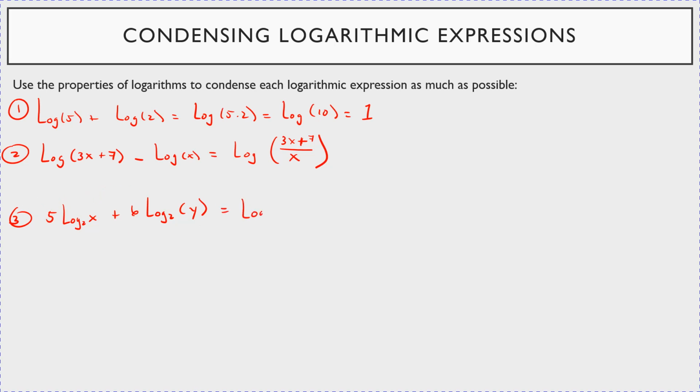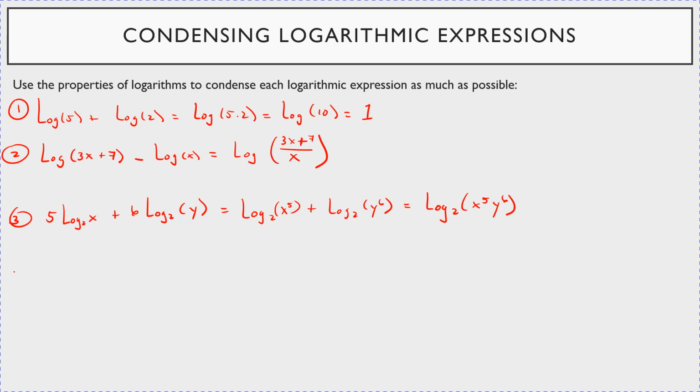So this is log base 2 of x to the 5th power plus log base 2 of y to the 6th power. And then look, log base 2 plus, so this just becomes log base 2 of x to the 5th times y to the 6th. We've got it.